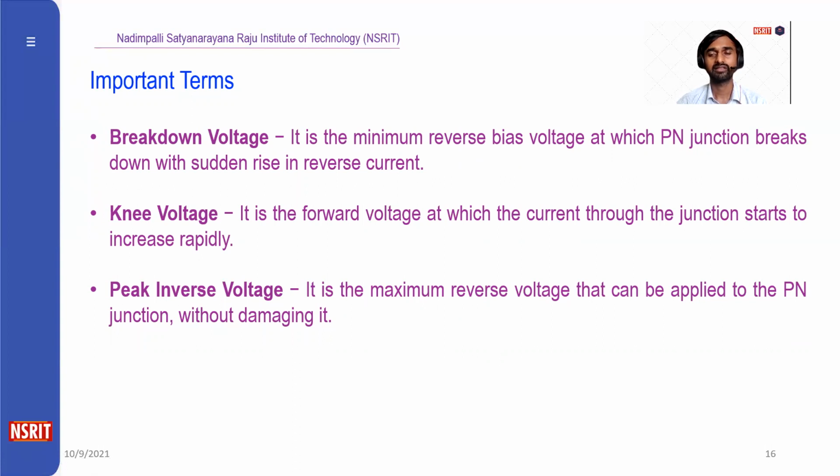It is the forward voltage at which there is a sudden rise in forward current, or when your PN junction diode starts conducting. Coming to peak inverse voltage: it is the maximum reverse voltage that we can apply to a PN junction diode without breaking or damaging it.